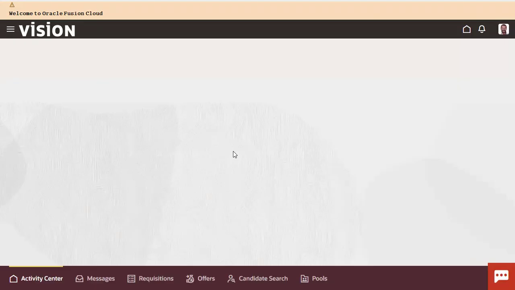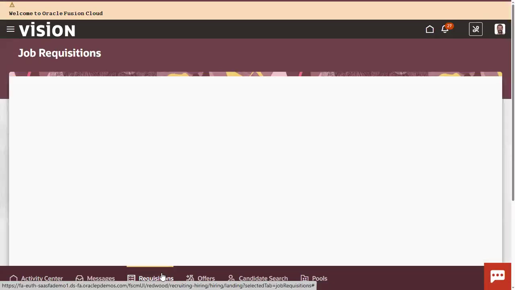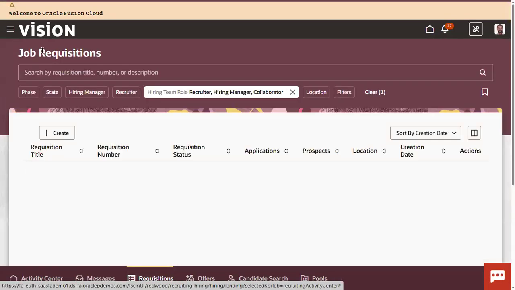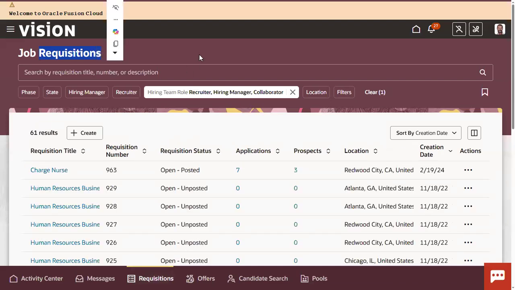When we go to My Client Groups and Hiring, here in Hiring we see the job requisitions. This requisitions area is different from the requisitions we see in procurement in the Supply Chain Management module. This one is for job requisitions, for candidate recruitment requirement purposes.